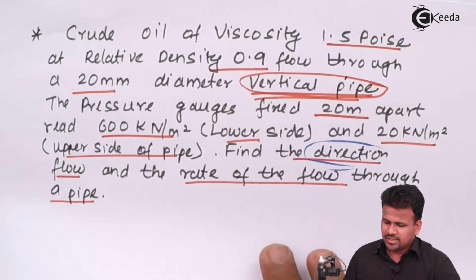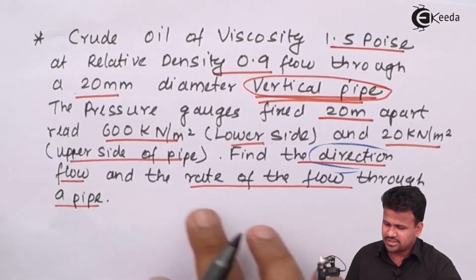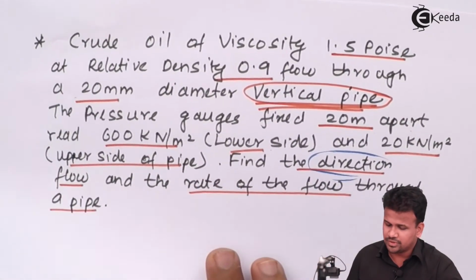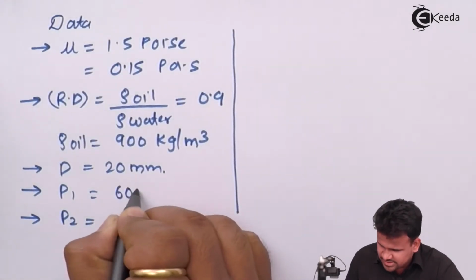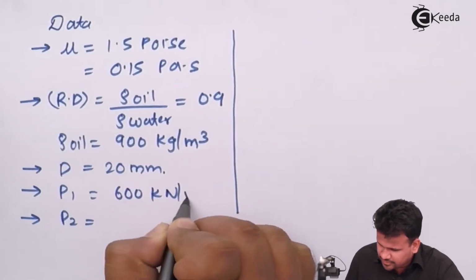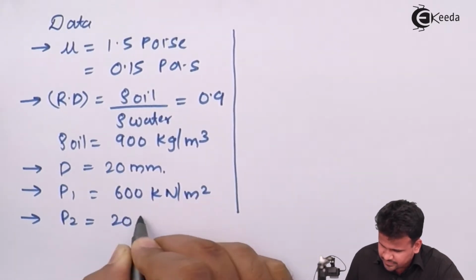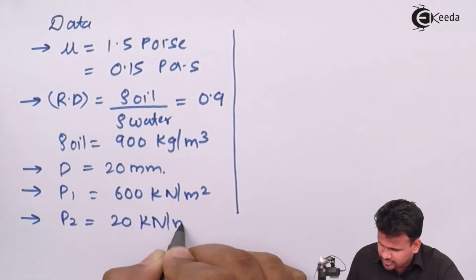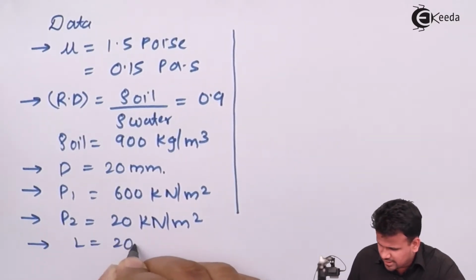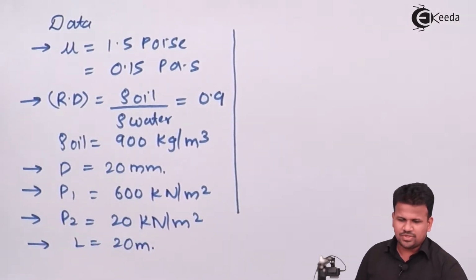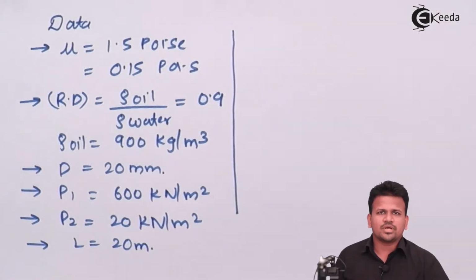So this is 600 kilonewton per meter square, and this is 20 kilonewton per meter square. The length of the pipe is given as 20 meters. So we have to calculate the flow rate of the pipe.